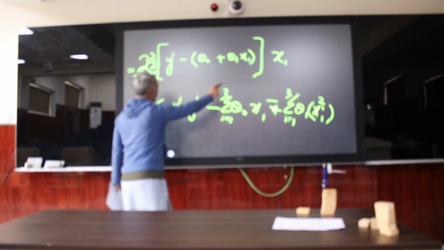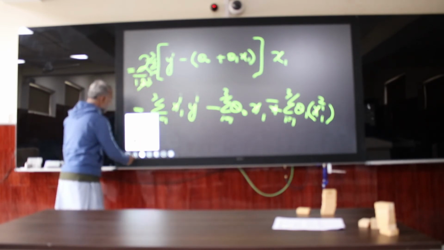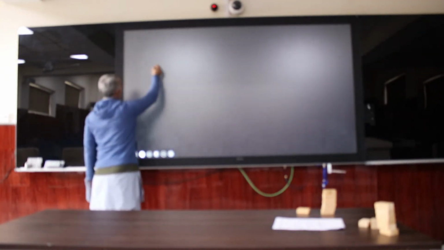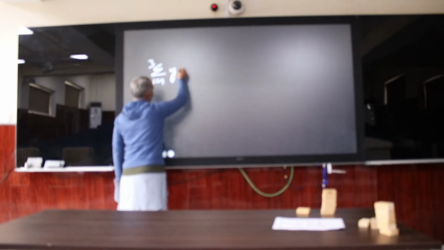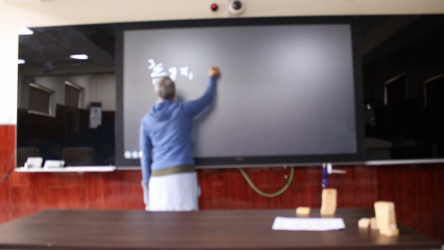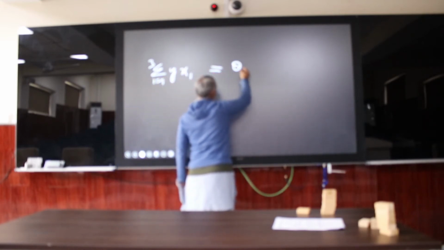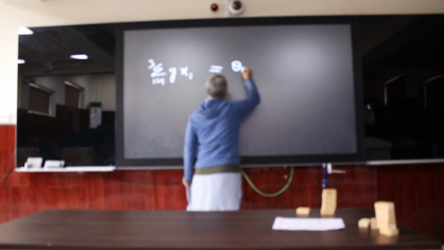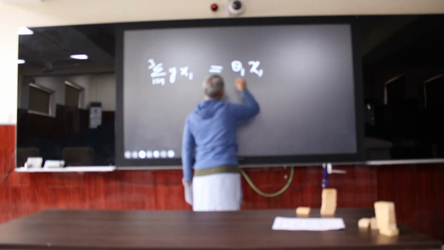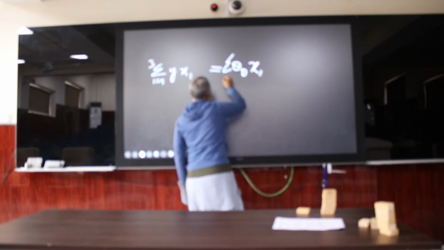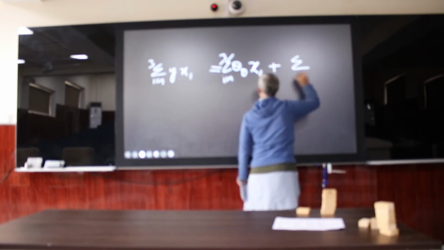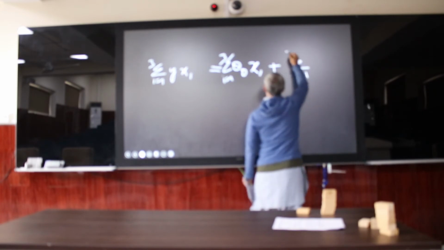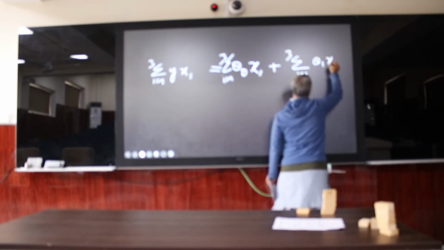So we can write it further like x1 y equivalent to theta naught x1 plus, now, okay, I shifted it to the other side, theta 1 x1 square.